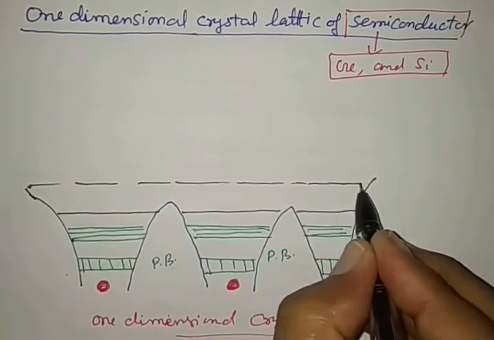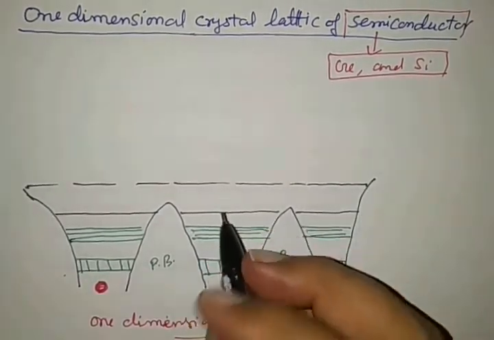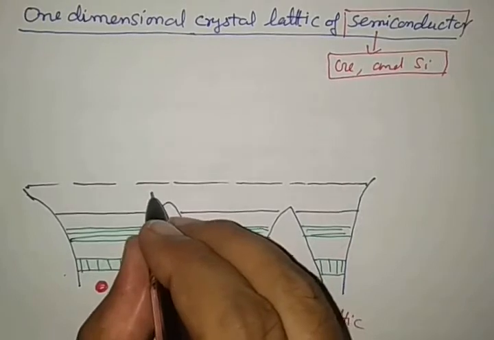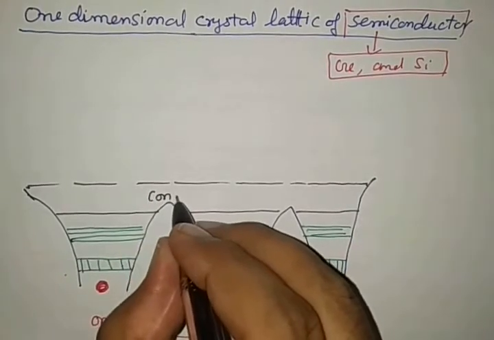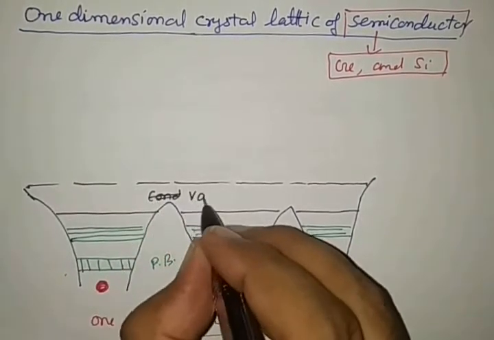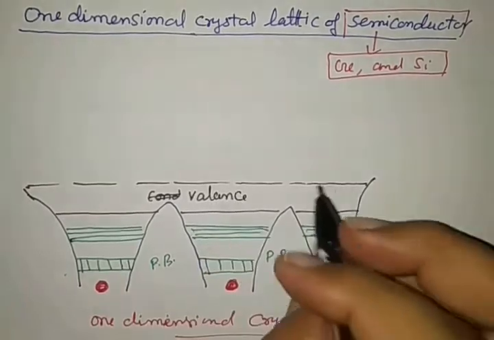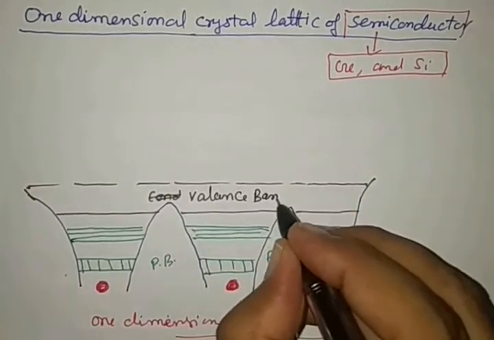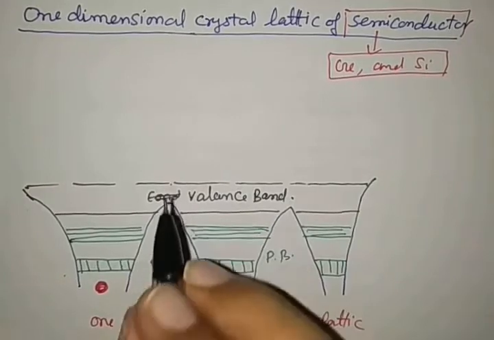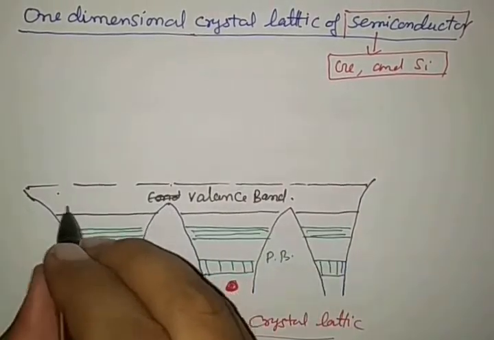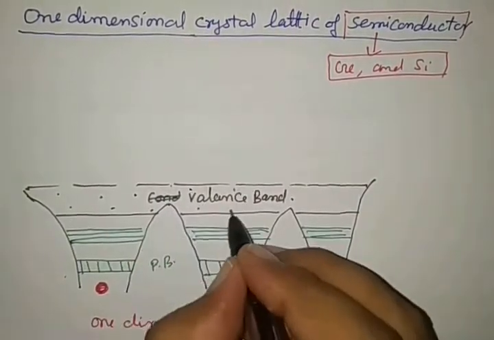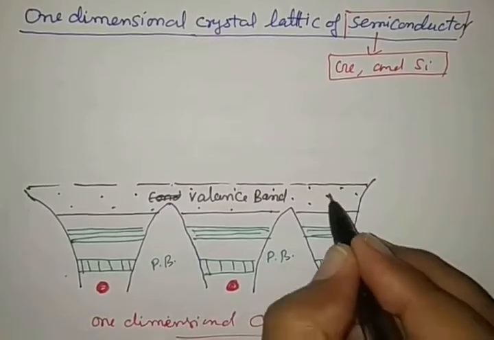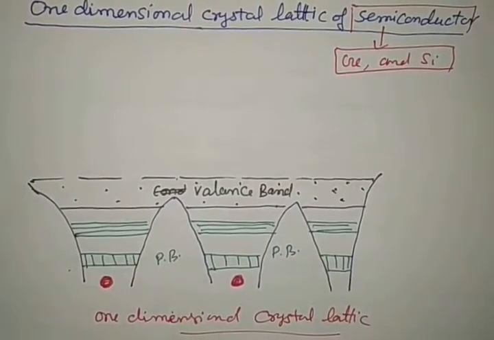The energy band is formed up to here. This energy band formed is called the valence band. It is a little above that. Clear? So the valence electron leaves this band in the case of a semiconductor.